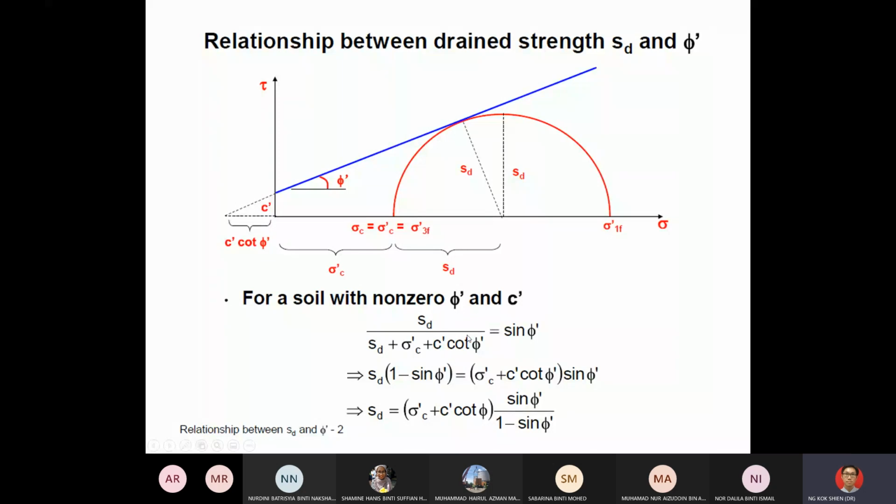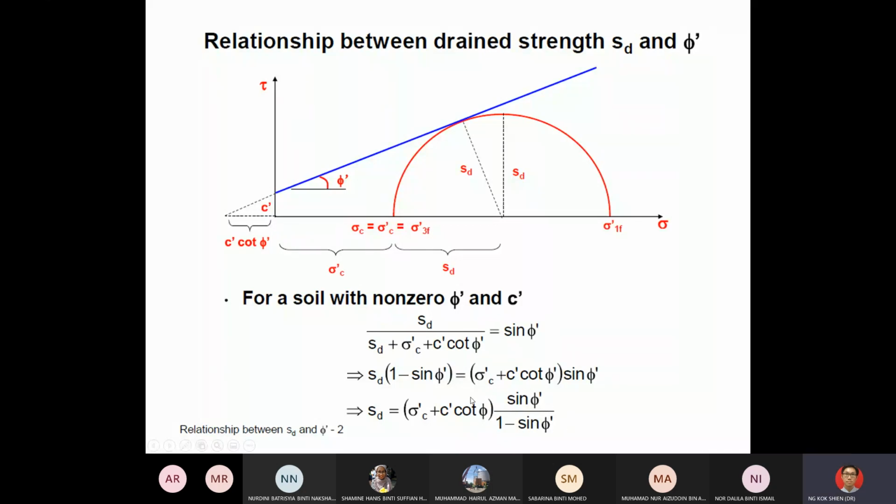So SD divided by these three components equals sine phi. You do some mathematical arrangement, very simple, you can do it by yourself, maybe 1 minute. Then you will get SD equal to the cell pressure plus C prime cotangent phi prime, then times sine phi over 1 minus sine phi.